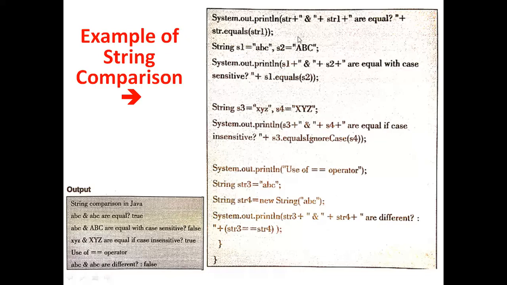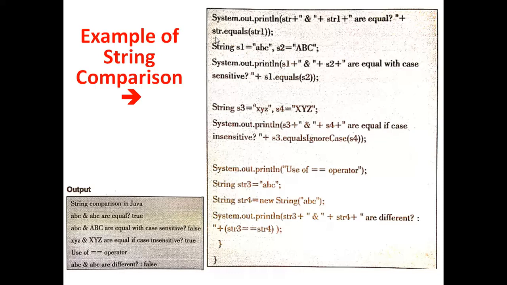First, I've written System.out.println(str + " and " + str1 + " are equal"), and for comparison I have used the function which is already declared in the String class.